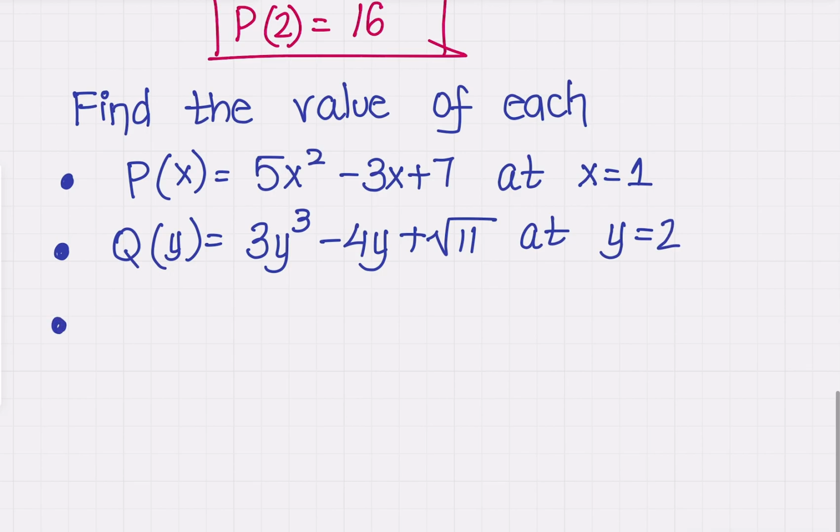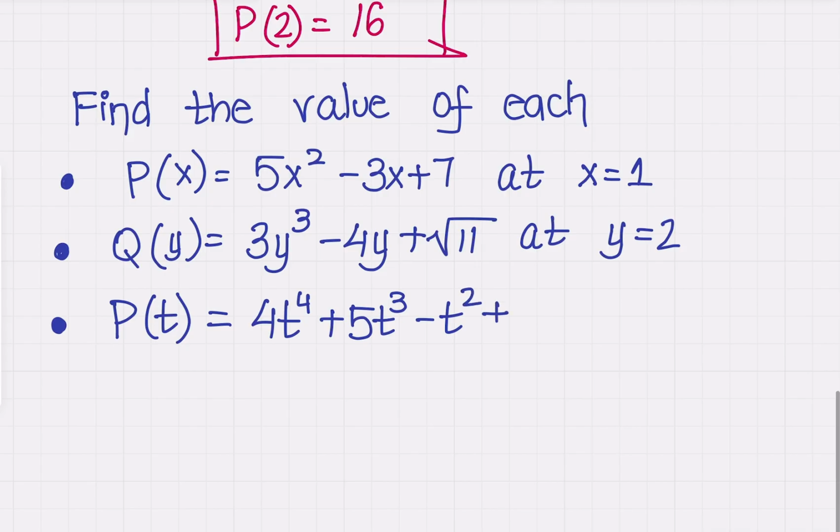And the third question in the same category, remember, finding the value of the polynomial or evaluating the polynomial, is 4t to the power of 4 plus 5t cubed minus t squared plus 6 at t equals a.